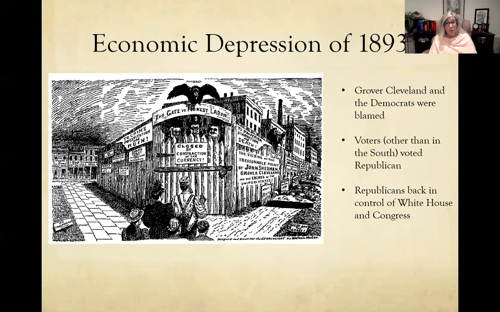So that's why he loses in 1884. And they're going to vote for the Republican. The Republicans are also back in control of the Congress. And so they're able to put in their policies here in that first term of Grover Cleveland. But the economic depression is going to be part of the problem that the Democrats are going to face.